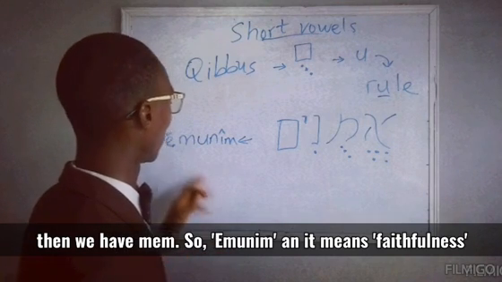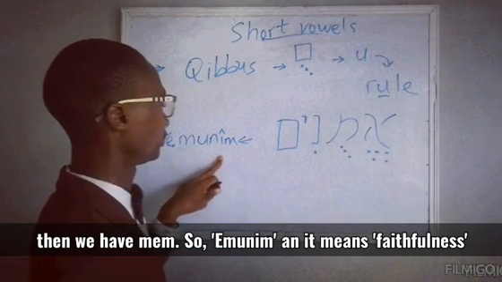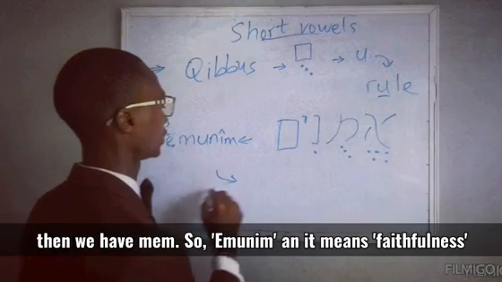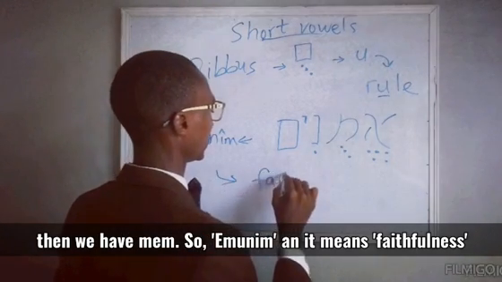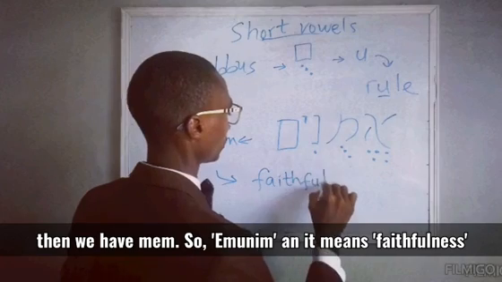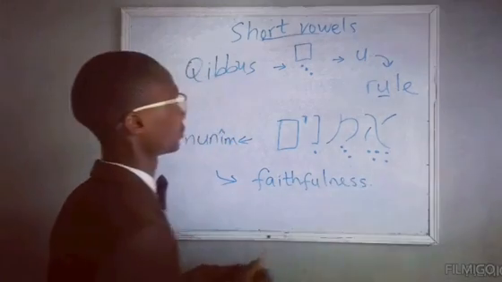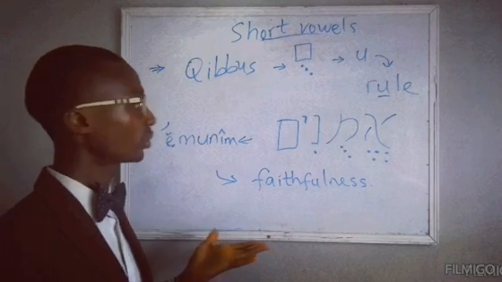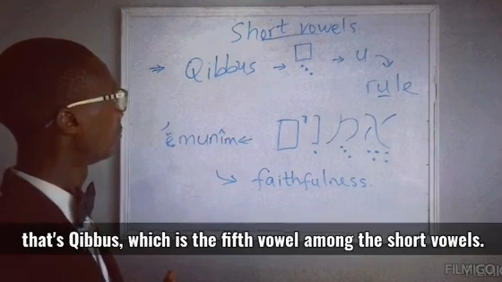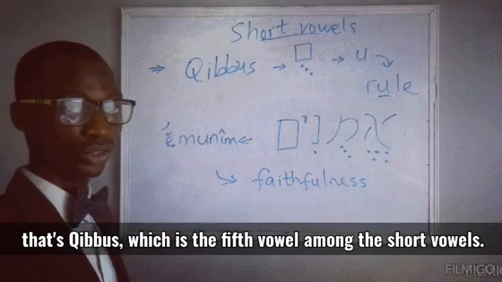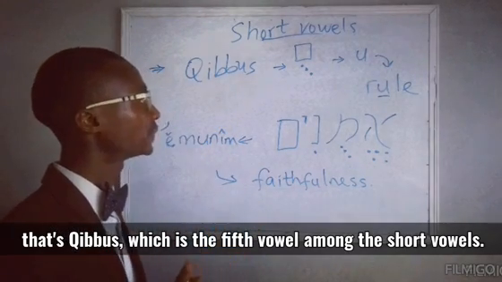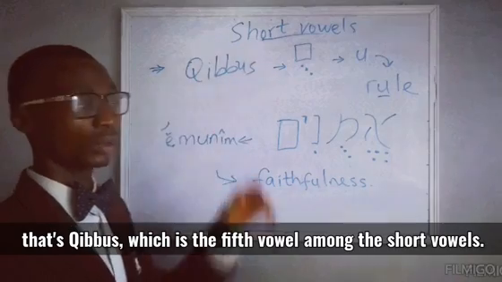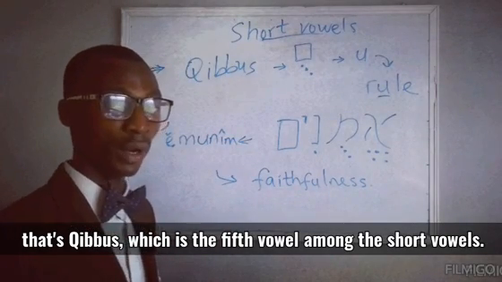So munim, and it means faithfulness. So that is kibus, and that's the fifth vowel we have among the short vowels.